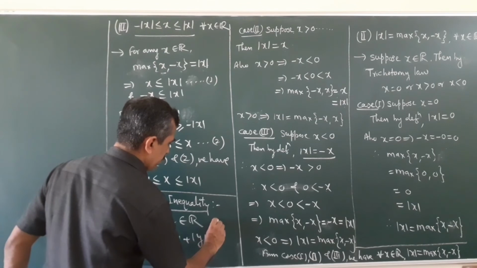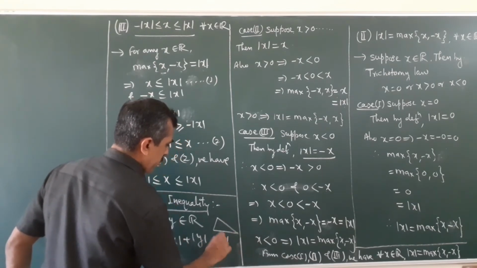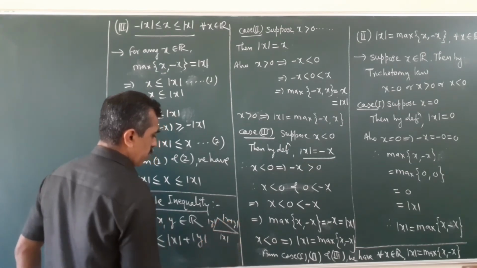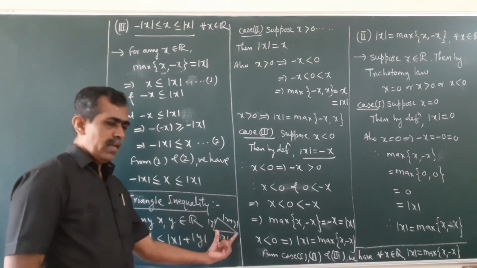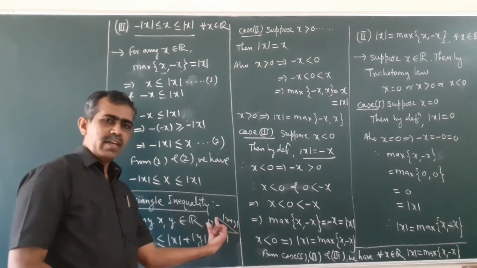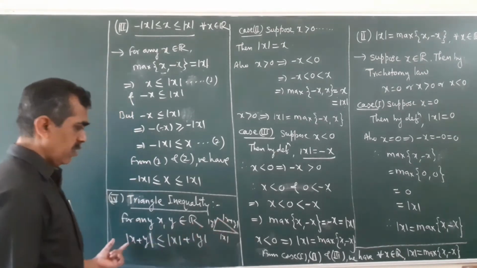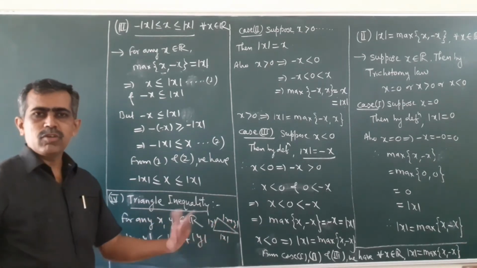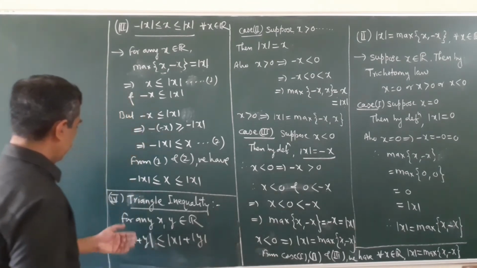Suppose I have a triangle like this: this is mod x, this is mod y, and this is mod of x plus y. The length of this side plus the length of this side is always greater than or equal to the length of the third side. Or, the length of any one side is always less than or equal to the sum of the lengths of the other two sides. That's why it is called the triangle inequality.